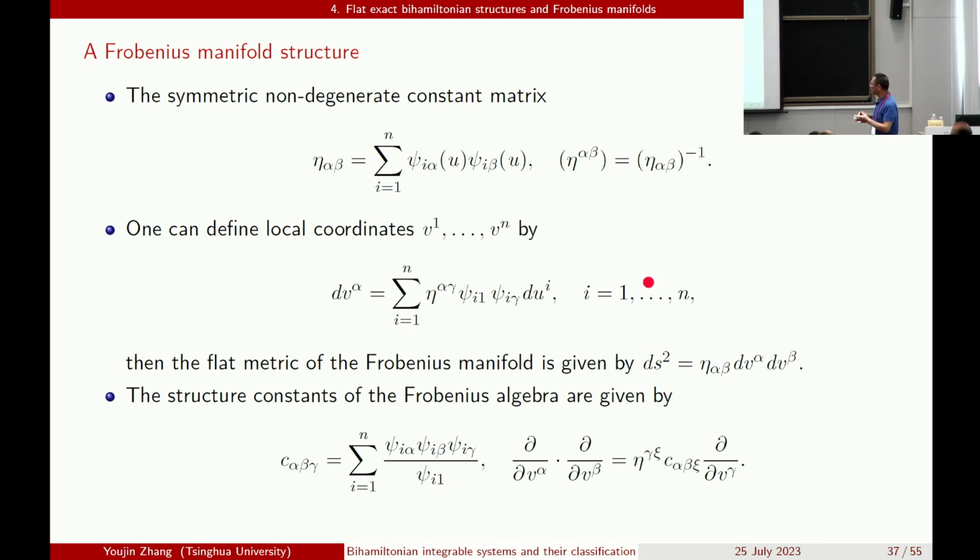And on the Frobenius manifold, we have a multiplication on the tangent spaces. We define this multiplication using c_{alpha beta gamma}, which is given by psi, the solutions of the linear system. Okay.